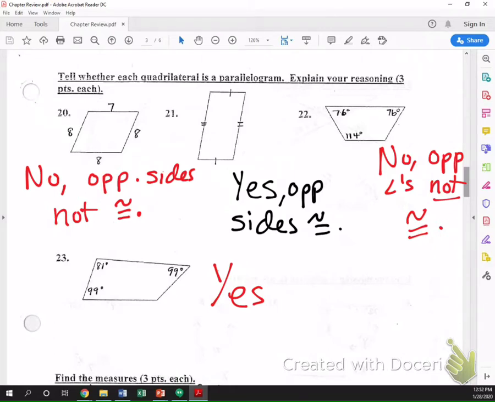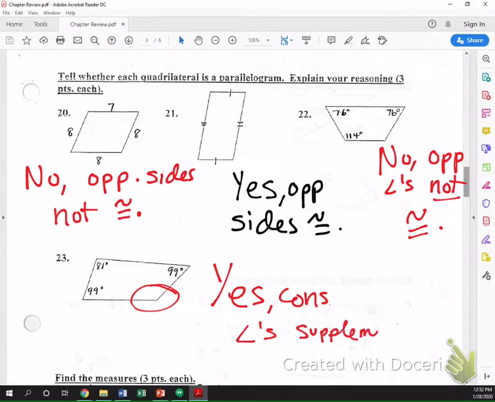So if you're going to say that opposite angles are congruent, you need to show me that this guy equals 81. How could you do that? You could do 360 minus 99 minus 99 minus 81. Or you could say, which is the way I would probably do it, consecutive angles are supplementary.